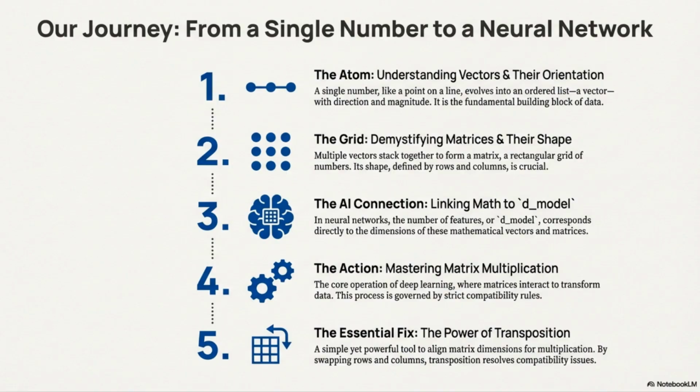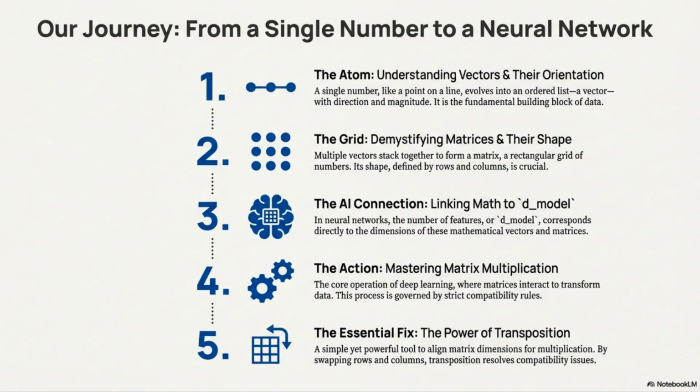That is the number of features in each word's representation, or how rich each word's description is. After that, we will dive into matrix multiplication, the core operation that lets neural networks transform data step by step. And finally, we will see how transposition, which is flipping rows and columns, helps us fix shape mismatches so our multiplications actually work. By the end, you will be able to read these diagrams and equations like an engineer, not just a spectator.